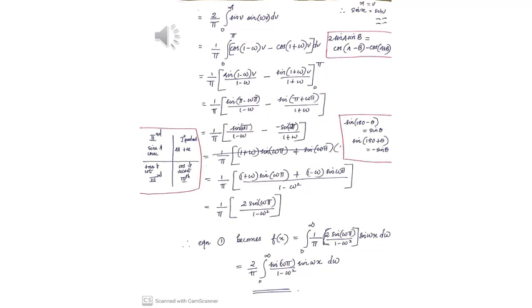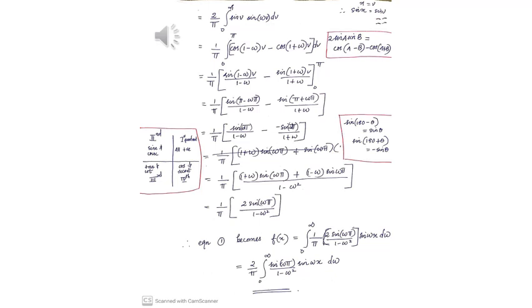So you have to study the trigonometric equations. Here, sine a sine b, we know, is cos of a minus b minus cos of a plus b. Instead of a we are having v and instead of b we are having omega v. So we are going to substitute here.